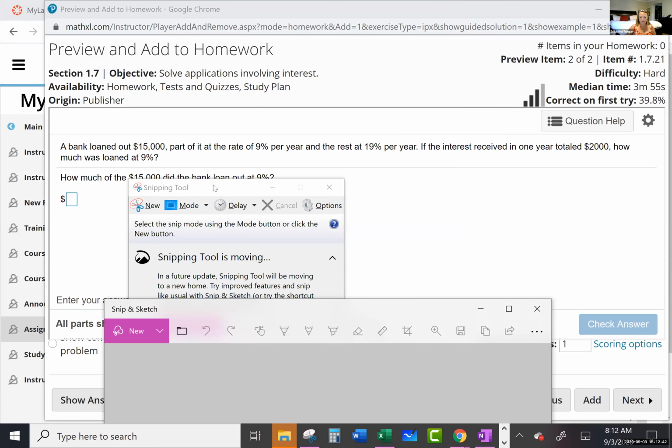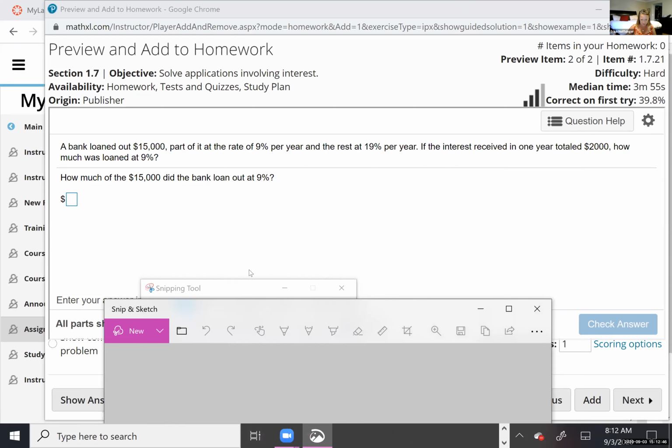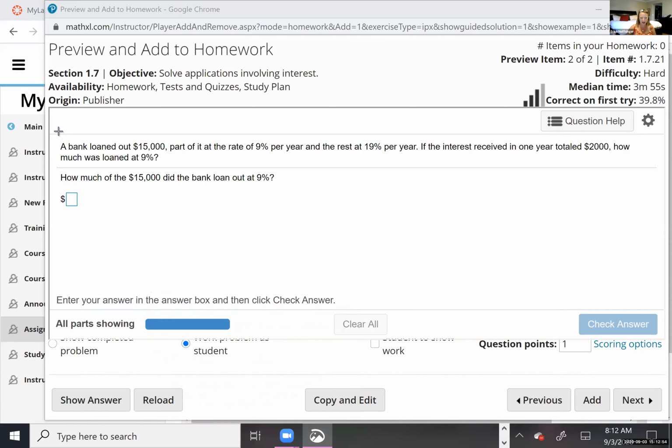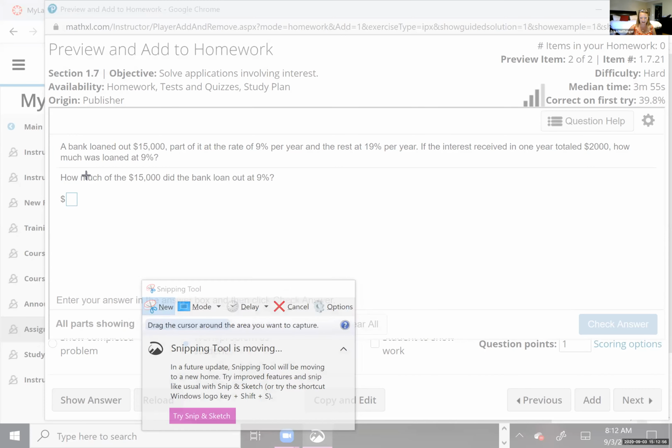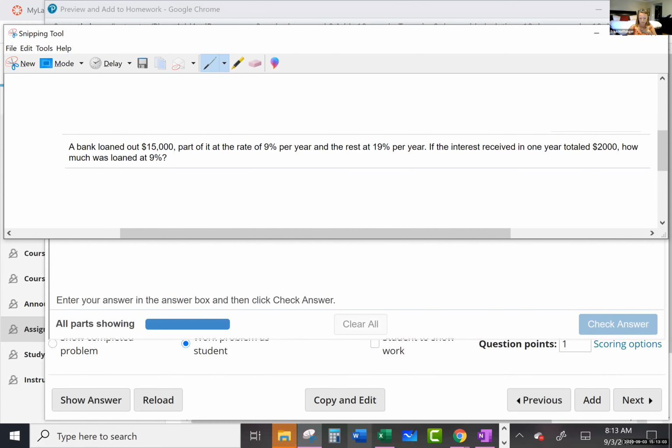Okay, so this was one tool that I just found out about maybe three years ago, and it's been like a lifesaver with teaching, being able to just copy things like this and put it on a worksheet. I also found another tool, and you guys probably already know how to do it.